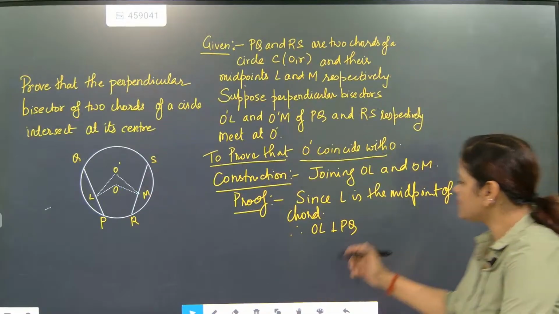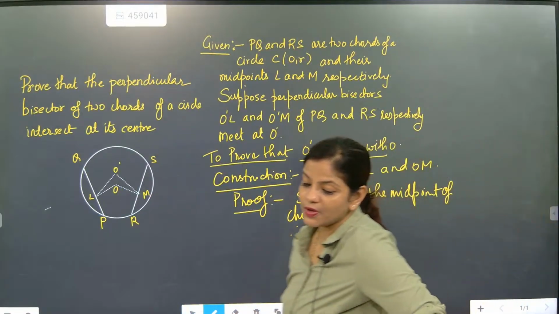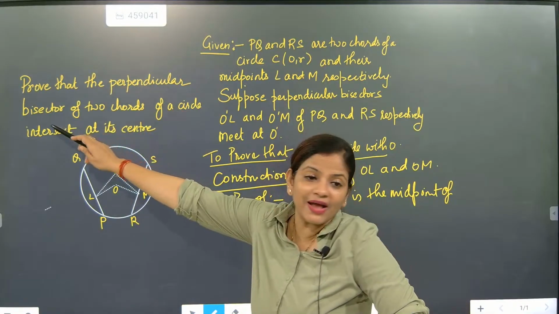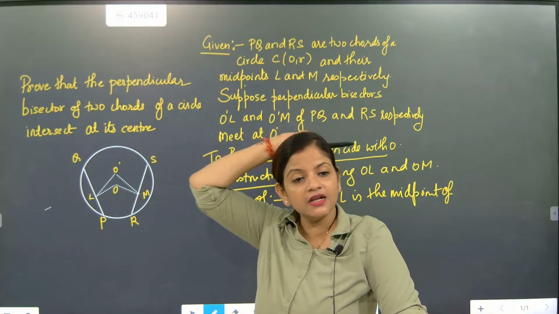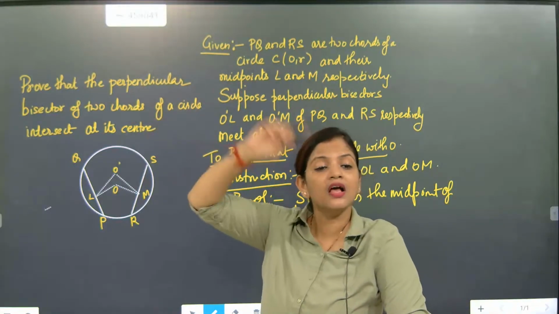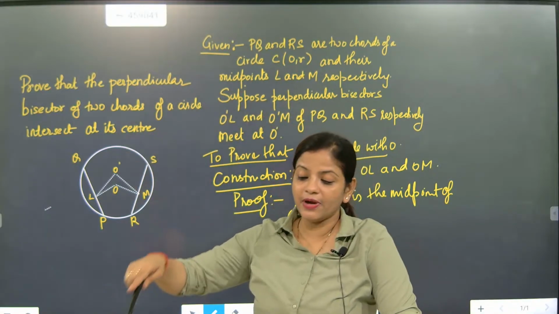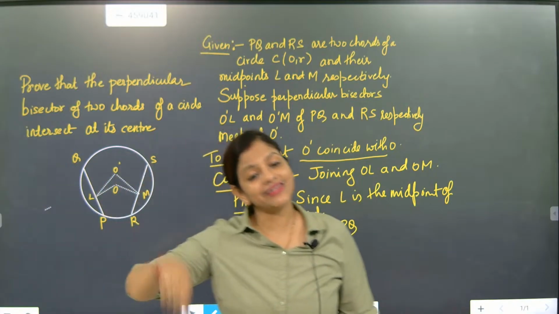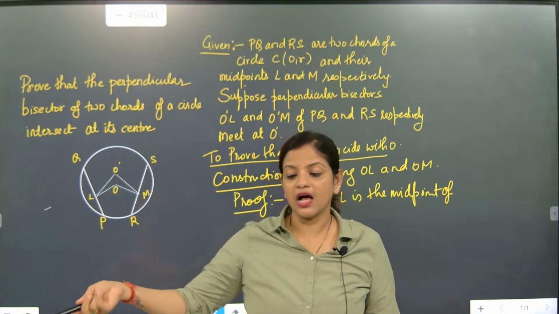Now look here, OL is perpendicular to PQ and they told us it is a perpendicular bisector. What is the meaning of bisector? The word bisector means it bisects the side into two equal halves.